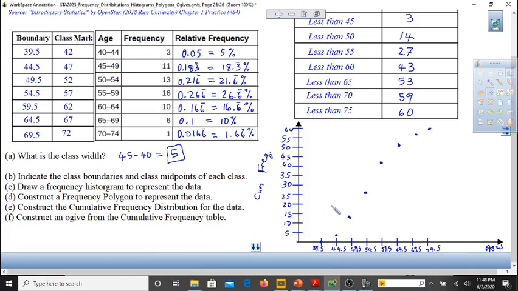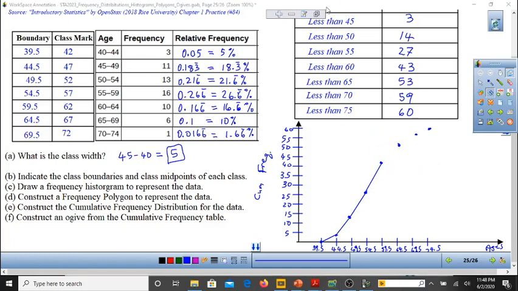And then if we draw the ogive using line segments, it would look something like this. And there we have it.